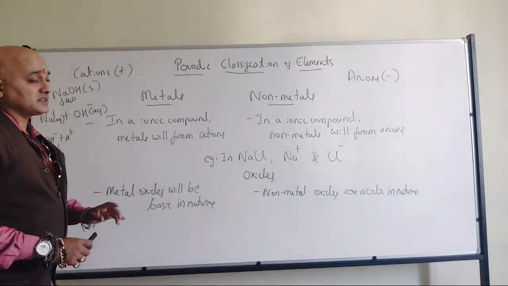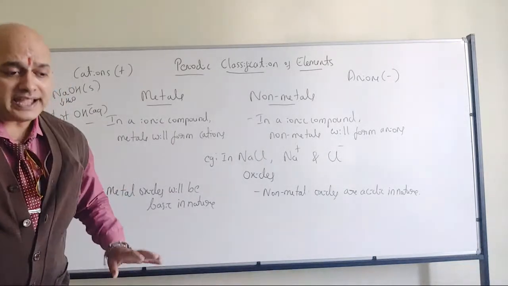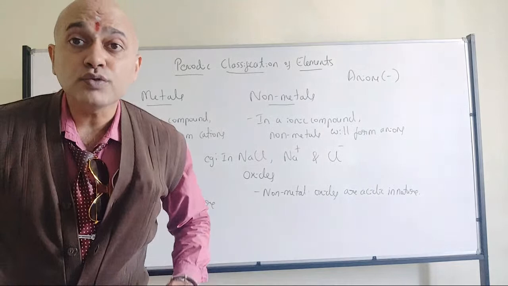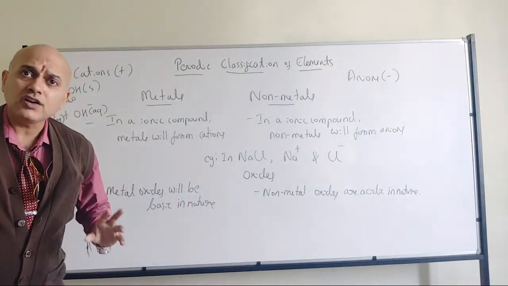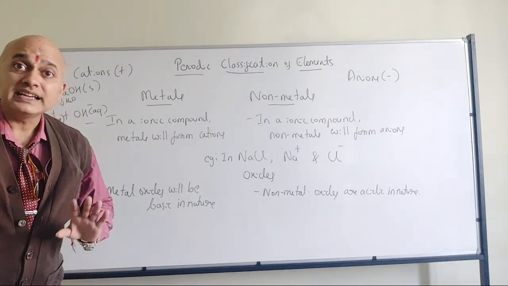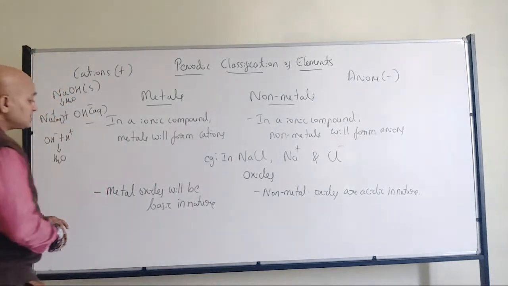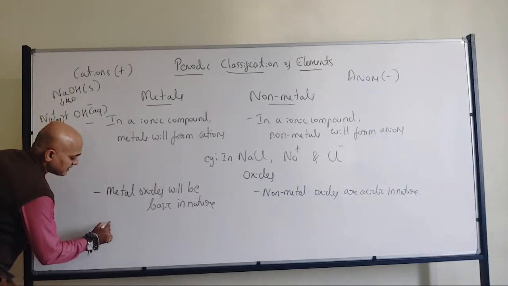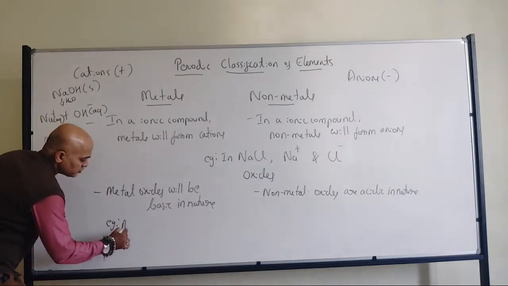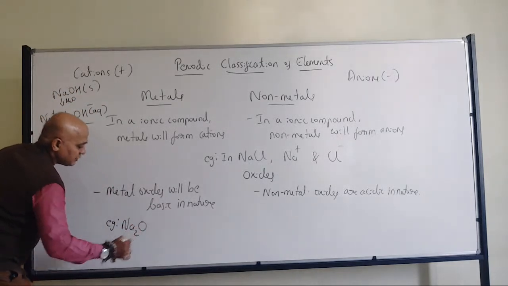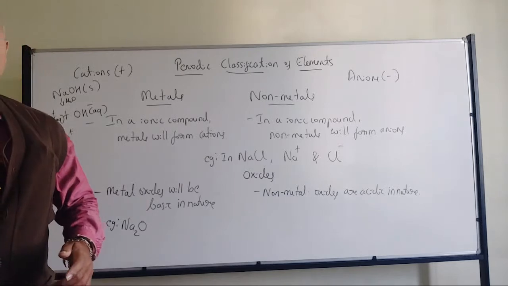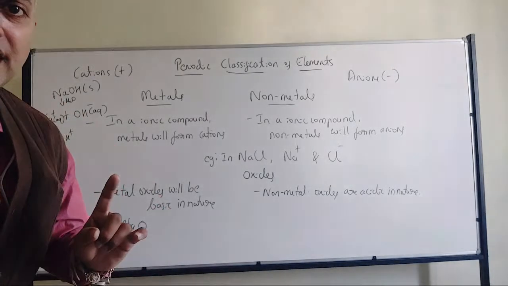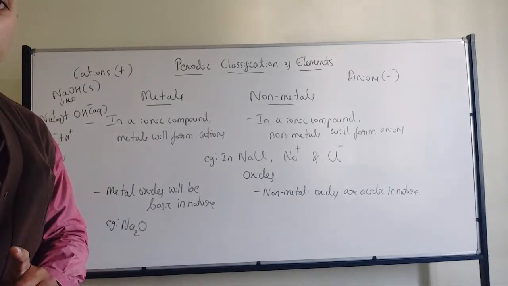That is because I will take one example, sodium oxide. Is sodium oxide a metal oxide or non-metal oxide? It should be a metal oxide because sodium is an alkali metal. Sodium oxide will form Na2O because oxygen will be having a -2 oxidation state.